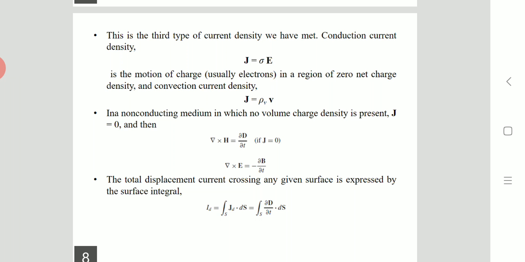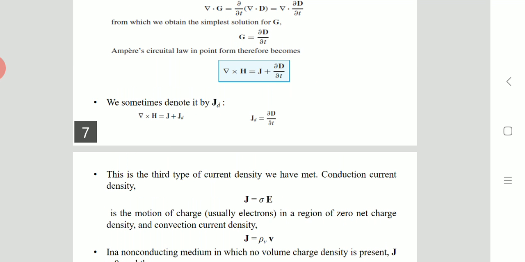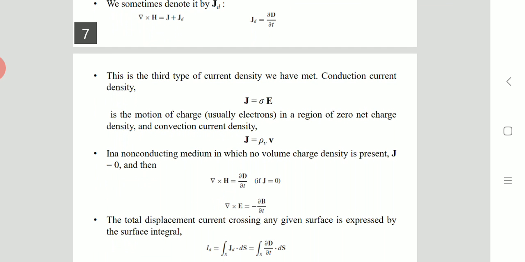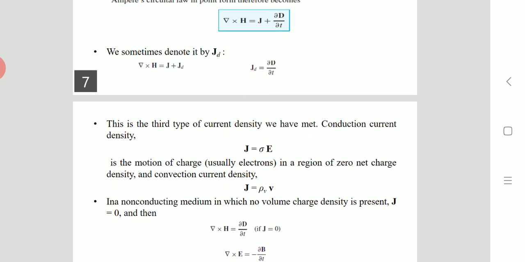As you know, del cross H is equal to ∂D/∂t, as you have seen previously, if J is equal to 0. This is for a non-conducting medium where there is no volume charge density. That is what you have seen in the previous equation: J becomes 0, that is del cross H is equal to J plus ∂D/∂t, and if J becomes equal to 0, we only get JD. So JD is the displacement current density.